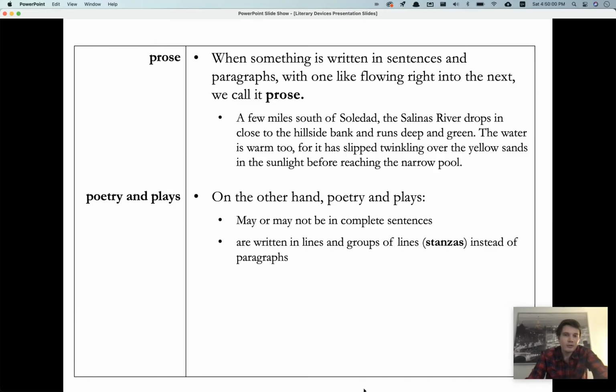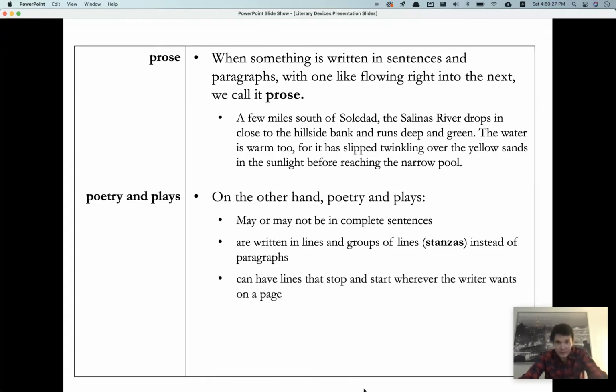Now, in poetry and in plays, the text is written in lines and in groups of lines. We call a group of lines stanzas. That's a word from Italian. When we're talking about prose, we would say it's a paragraph. But when we're talking about poetry or a play, a little grouping of lines is called a stanza.